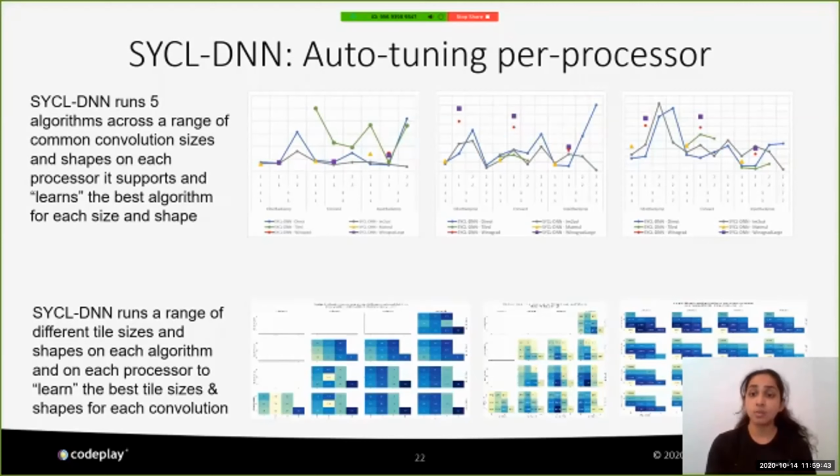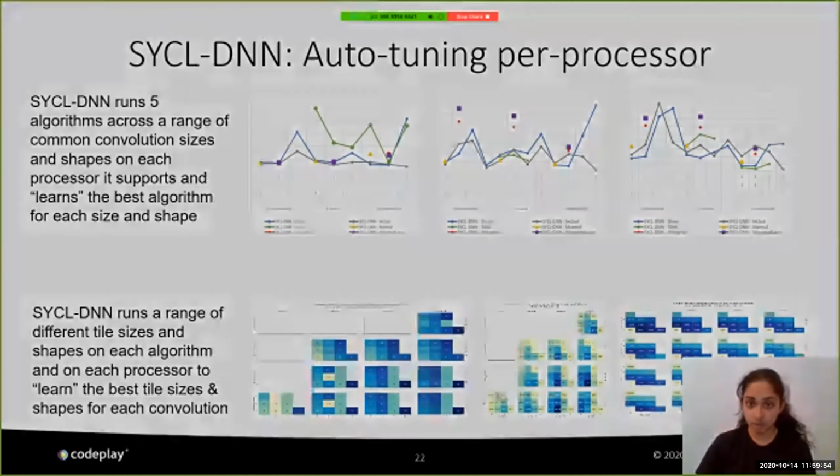By doing this, for a given processor, we can determine which is the best algorithm and then go one step ahead and say which is the best tile size for running that particular algorithm.